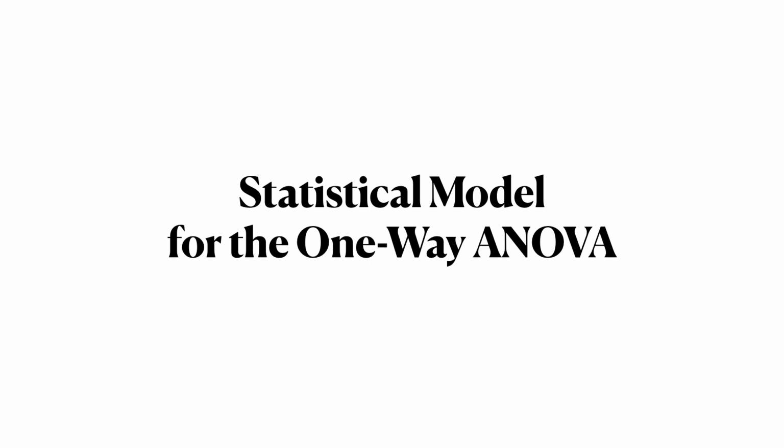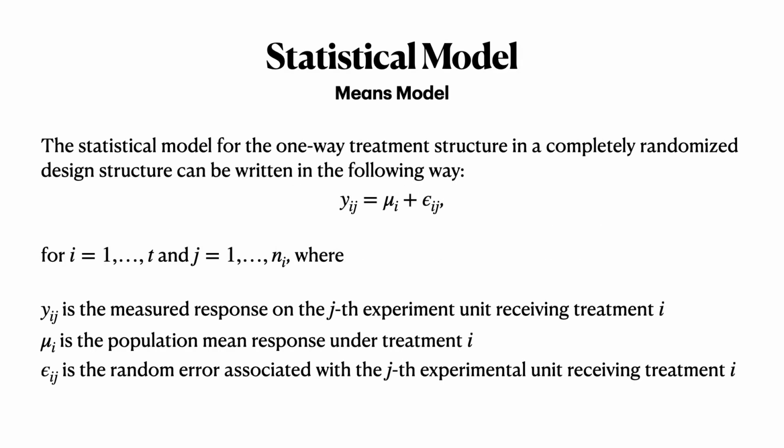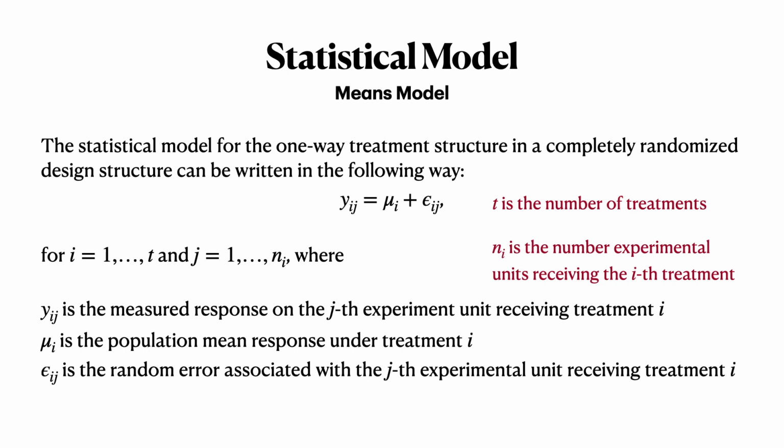First, we'll review the statistical model for the one-way analysis of variance. The statistical model for an ANOVA with a one-way treatment structure in a completely randomized design structure can be written in the following way. Y sub ij equal to mu sub i plus epsilon sub ij, where the index i ranges from 1 up to t, where t is the number of treatments, and the index j ranges from 1 up to n sub i, where n sub i is the number of experimental units receiving the ith treatment.